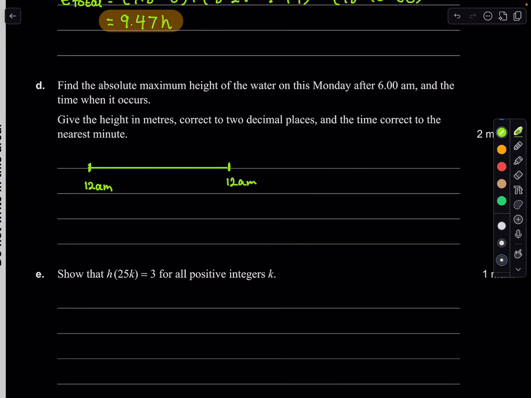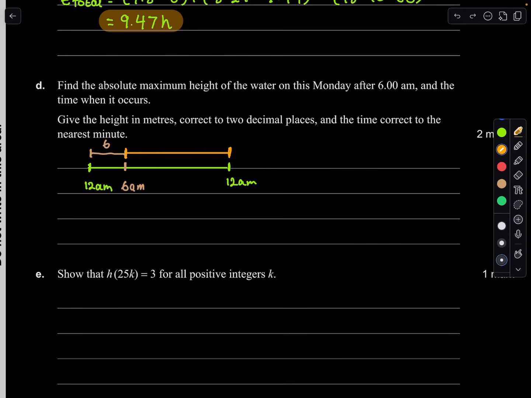Now we're saying find the absolute maximum of the water after 6 a.m. So 6 a.m. is here, and from here to here it's basically 6 hours. Because we want it on Monday, we want the maximum height from 6 a.m. all the way to 12 a.m., a difference of 18.